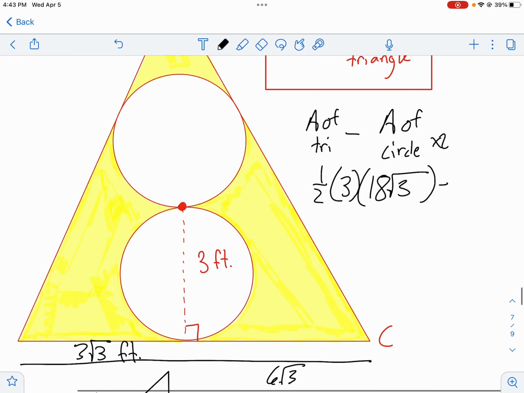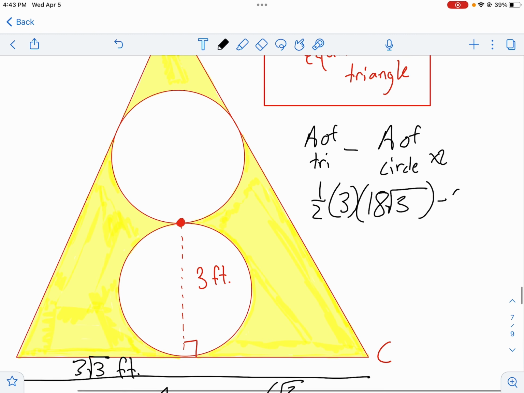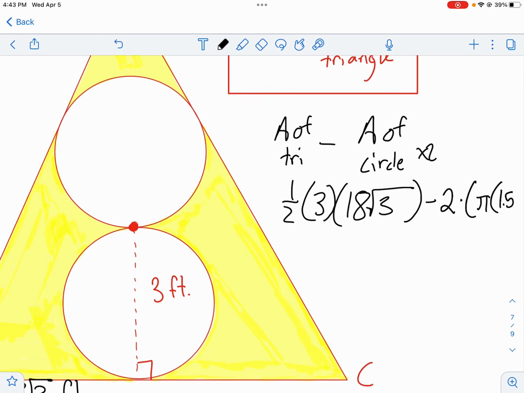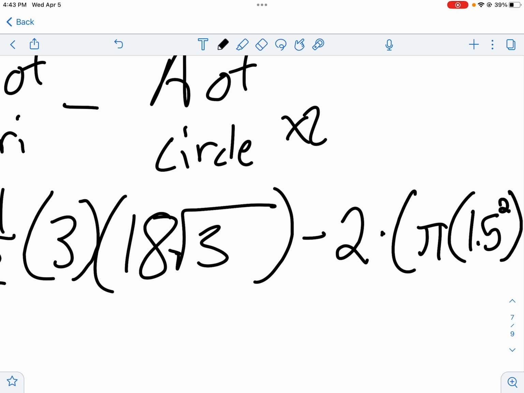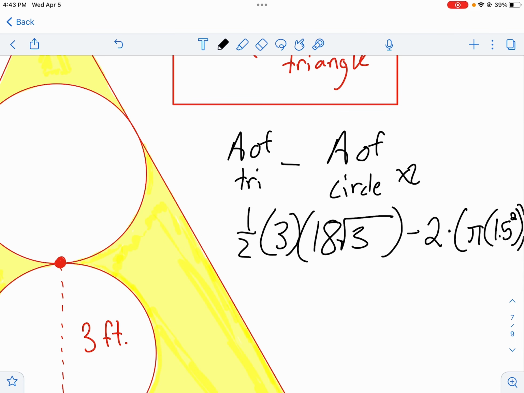So I need to find the area of this guy. That's pi r squared, and I'm going to multiply that by 2. So 2 times pi times 1.5, the radius, squared. Okay, and the other set of parentheses to close it. So I'm putting in my calculator 1/2 times 3 times 18 root 3. And that's about 46.76.